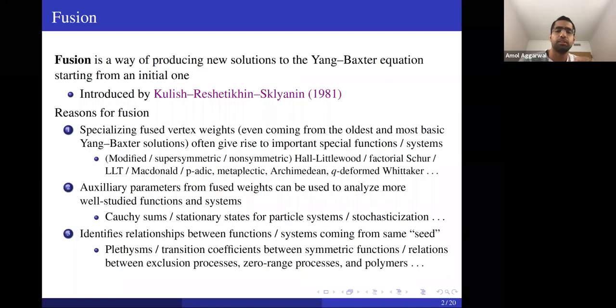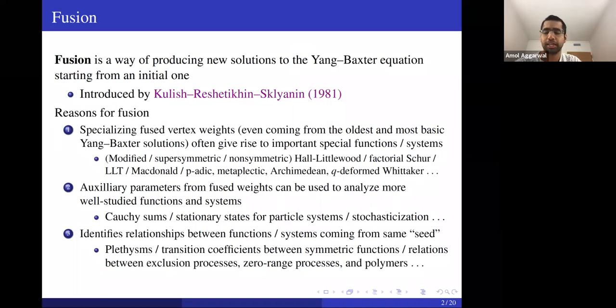A second reason why you might want to fuse is that the fusion procedure gives you a number of parameters to play with. Once you have these parameters, you can use them to study unfused systems.